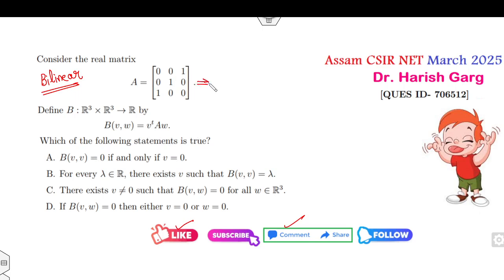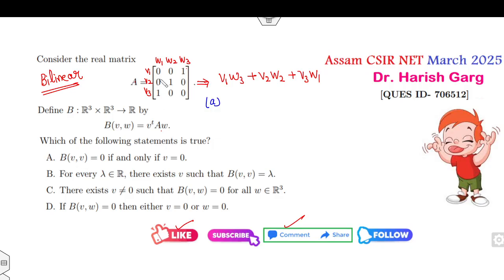Can you write this matrix A in terms of V1, V2, V3 and W1, W2, W3? If you look at this value, it will be V1 W3 plus V2 W2 plus V3 W1. Is it fine? Now look at the first option.